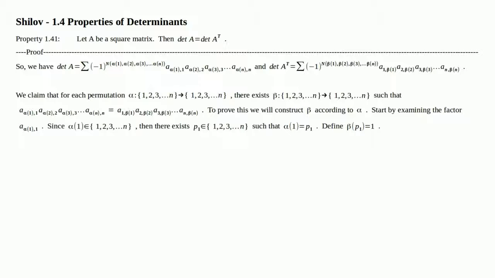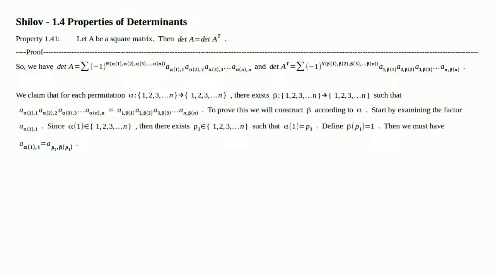That's basically just a fancy way of saying alpha of 1 is in that set 1 through n, so let's give it a label and call it p sub 1. Now here's the key. Define beta of p sub 1 to be equal to 1. So alpha takes 1, maps it to p sub 1, beta takes p sub 1, maps it back to 1. If that's starting to sound like an inverse function, you're right, it is, but we'll get to that later.